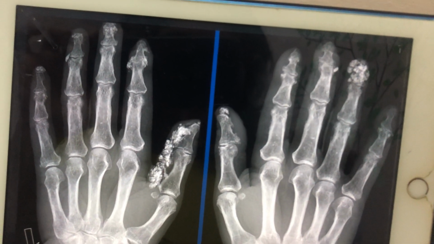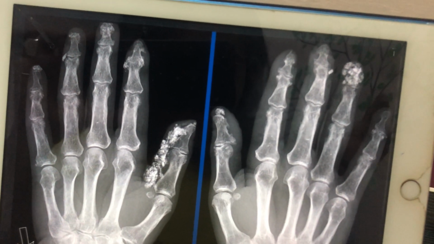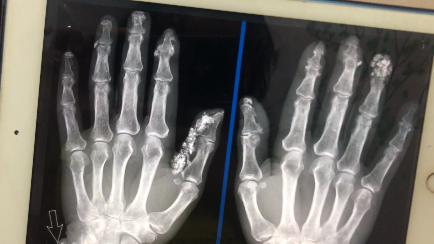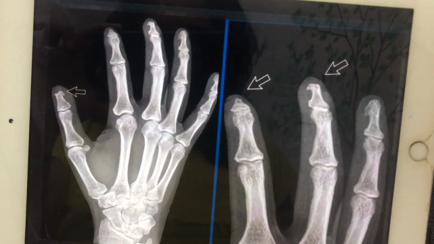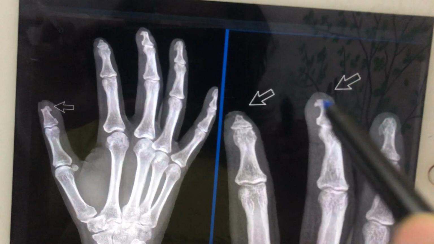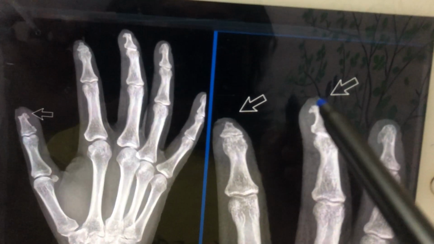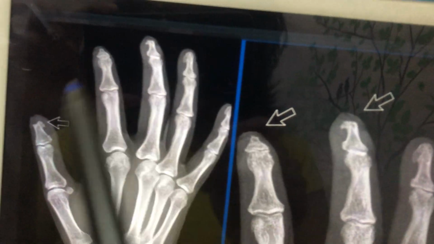It can also lead to acral soft tissue necrosis, which is called mechanic's hand. So this is the typical acro-osteolysis that you can see in the distal phalanges.